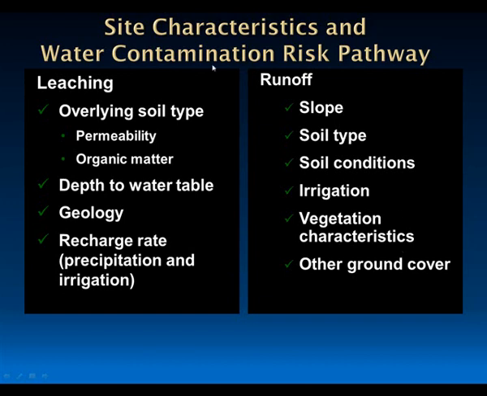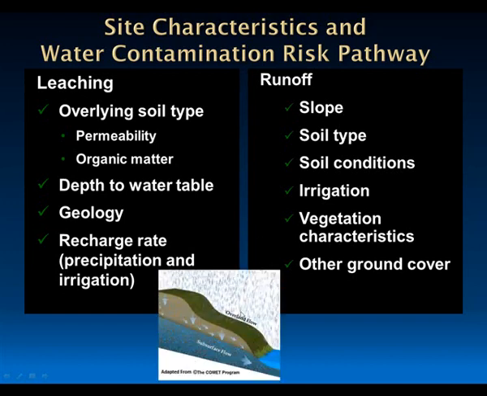So those two categories of considerations are going to affect what type of water movement you're most likely to get, and so what type of water resource vector you've got. And so then we can start thinking about how we would monitor that, or affect management changes to reduce the risk.